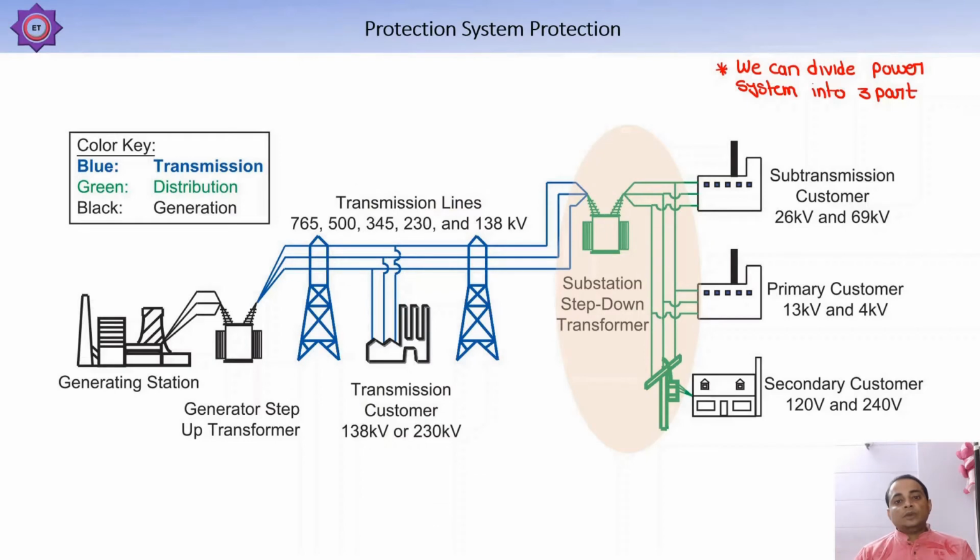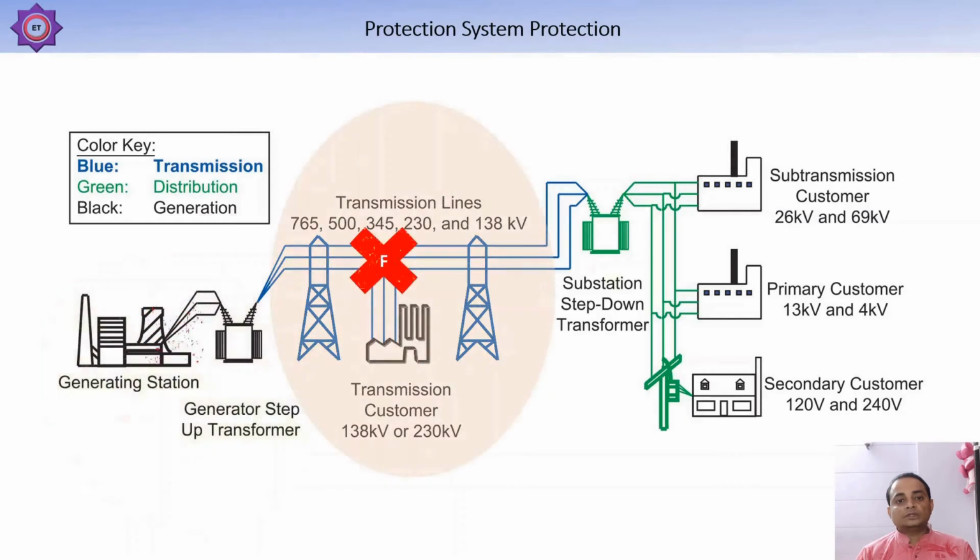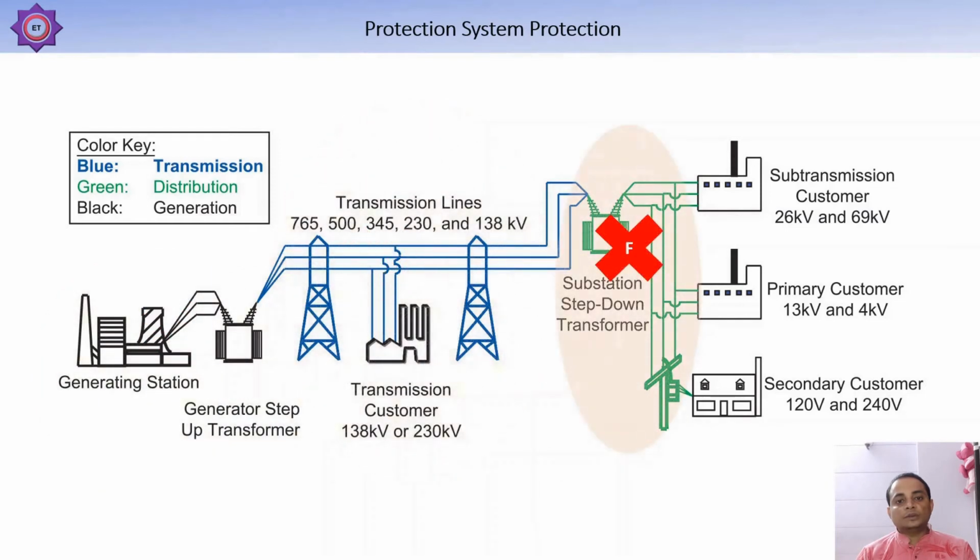Since the power system network covers thousands of miles and is the largest man-made dynamic system, in such a large system, a fault can occur on generation or transmission or on distribution. Unfortunately, faults are inevitable. We can only design a system with proper protection.